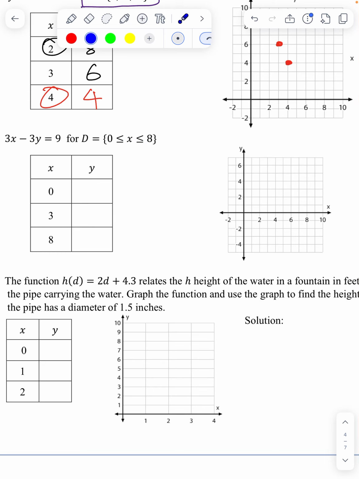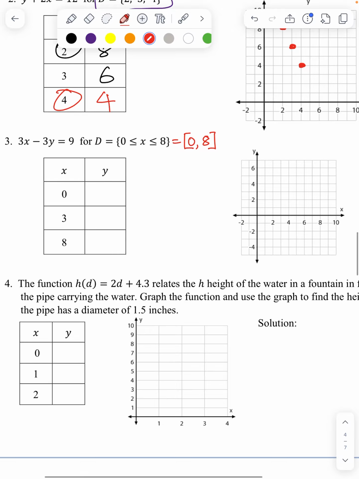I can also write it in interval notation, from 0 to 8, any value between 0 and 8. So this graph is going to be a continuous line. When x equals 0, what is the y value? 3x minus 3y equals 9.